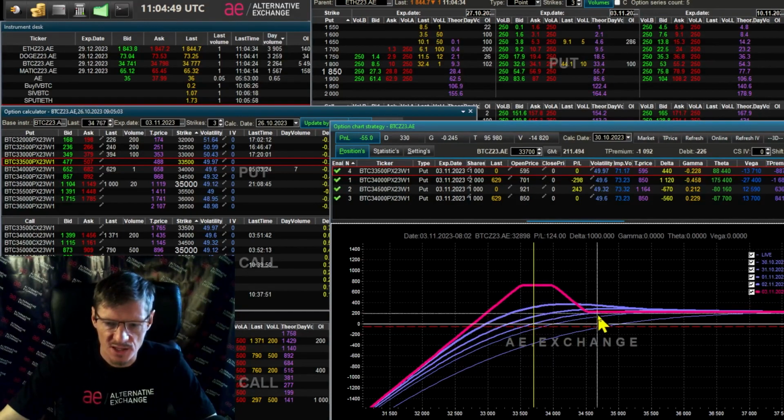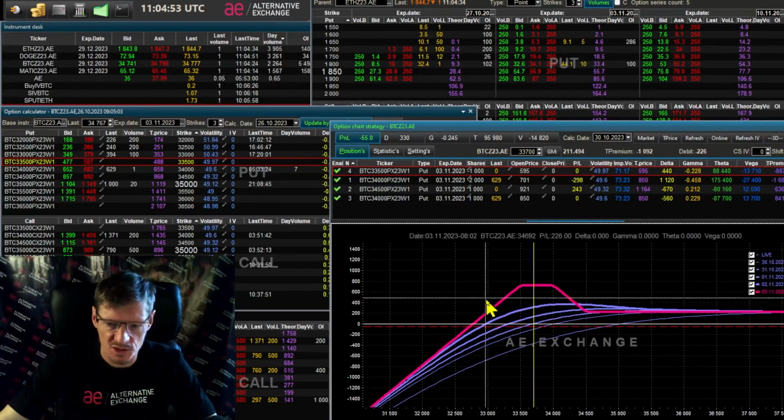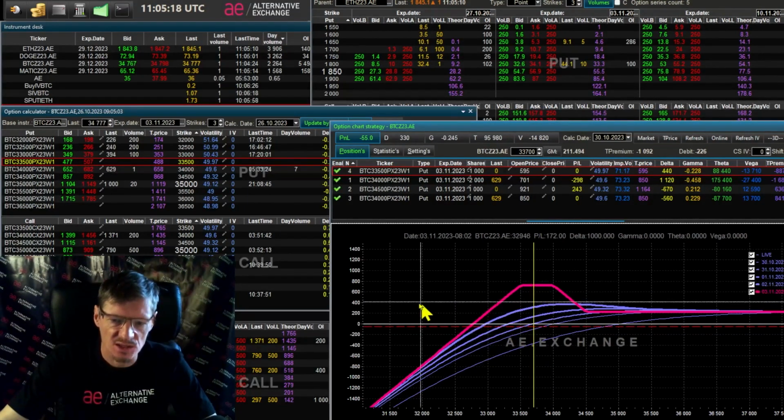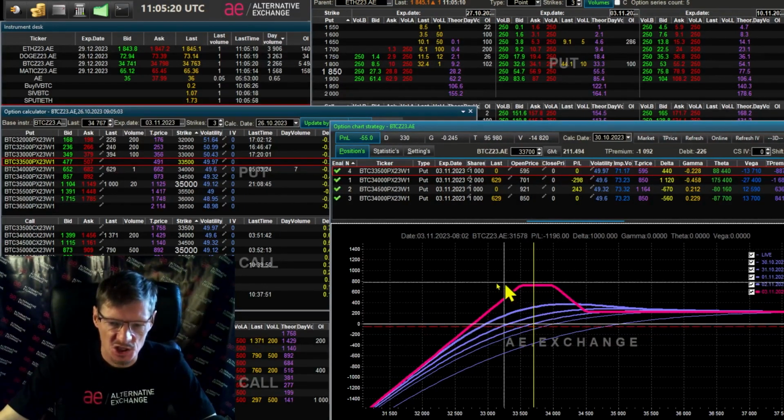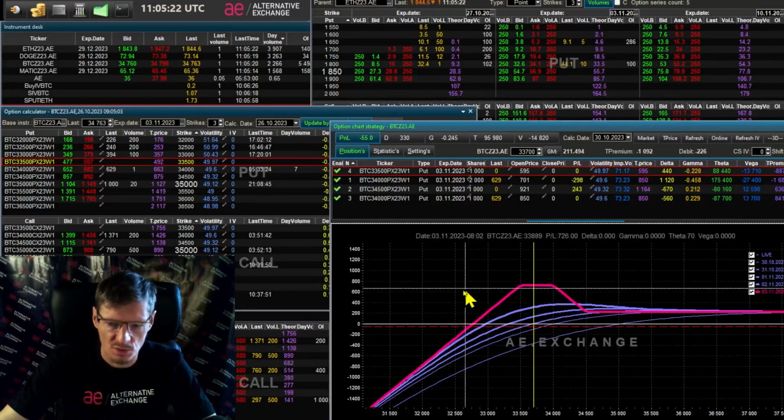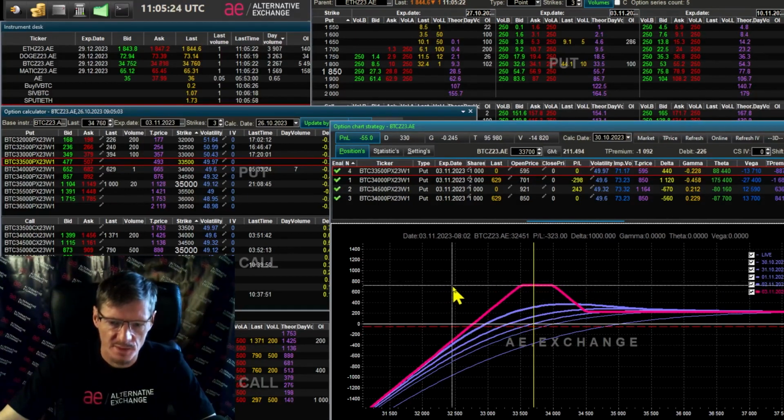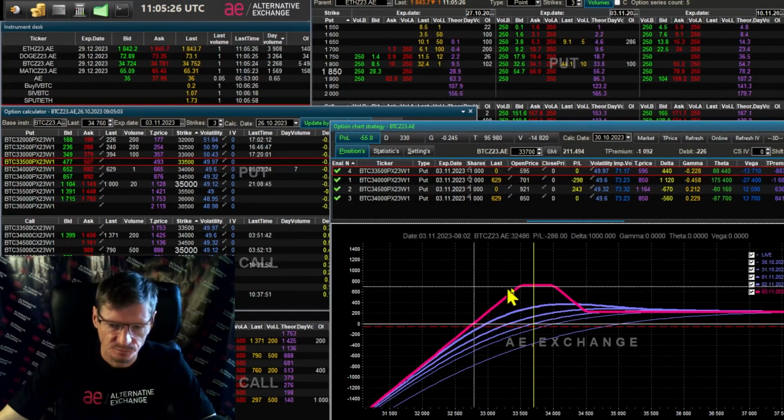So, what do I do next if the downward move continues? I can continue to roll, and this leverage of 33,500 I can carry over to the next strike. For example, 33,000. The cap will get wider, the break-even point will move on and on.